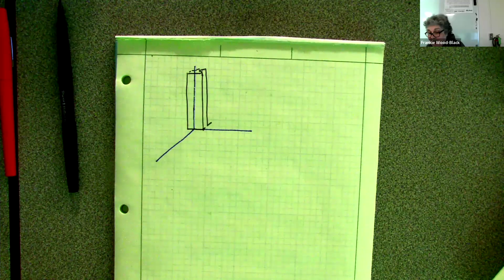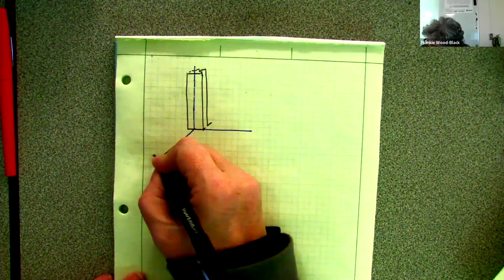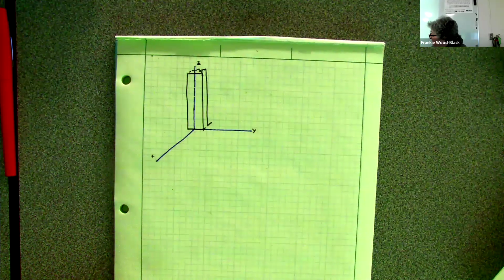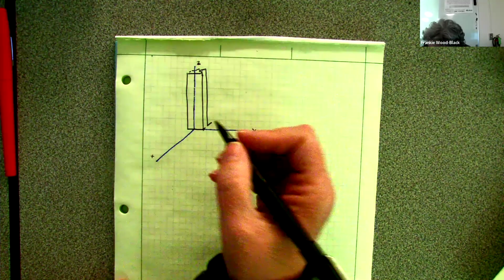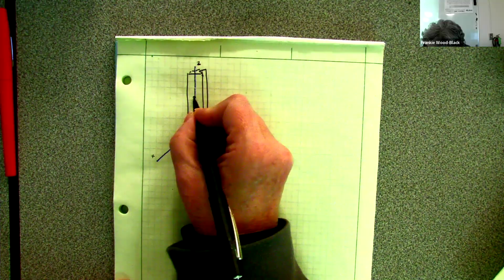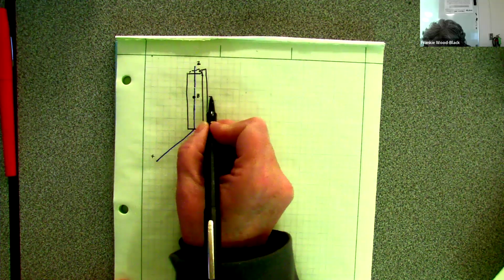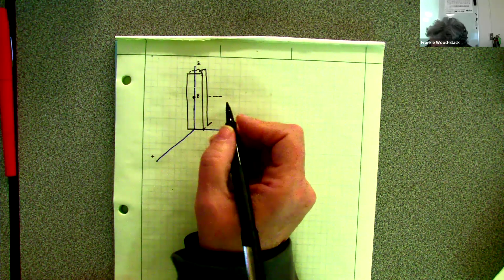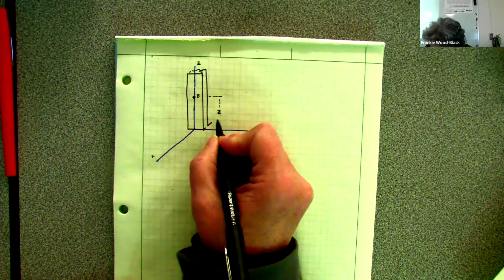So I've got an I bar, and this is my X, this is my Y, this is my Z. We've set it up so that my Z axis divides my I bar. And I've got a point B here. So we've got our point B, and this is our Z value.